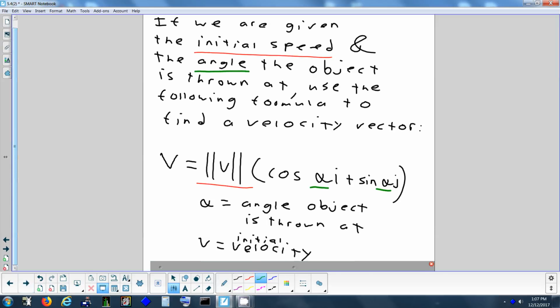And all you have to do is fill into that formula. That's it. Okay, so again, we have another formula that's really just based off SOH CAH TOA. Just a right triangle, finding the length of each side using sine and cosine. Okay, any questions on the formula?